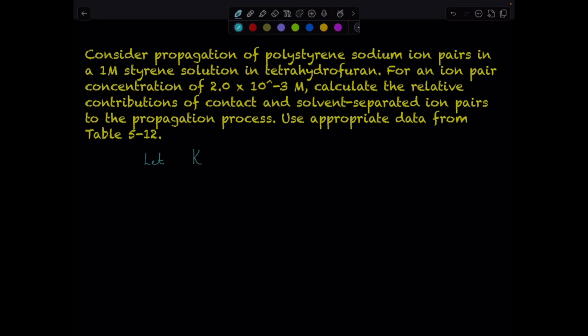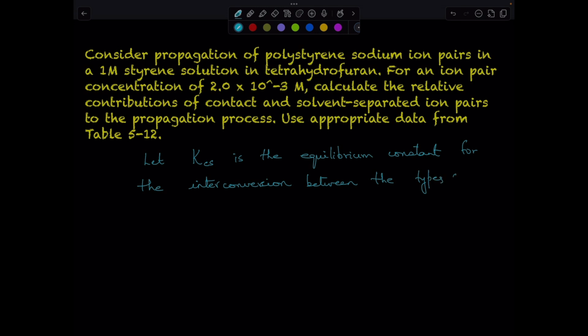Let's say KCS is the equilibrium constant for the interconversion between the two types of ion pairs, namely, the contact and the solvent separated ion pair.